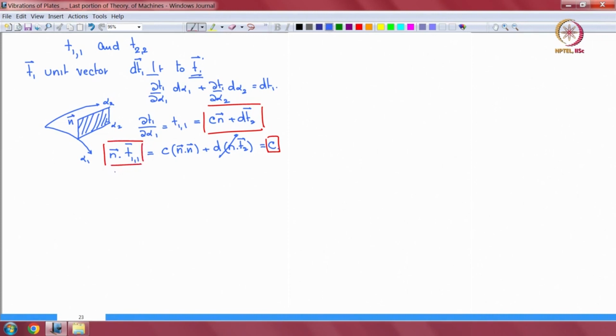Next, T2 dotted with T1 comma 1 is equal to C T2 dotted with n plus D T2 dotted with T2, which is equal to D. So D comes from here.